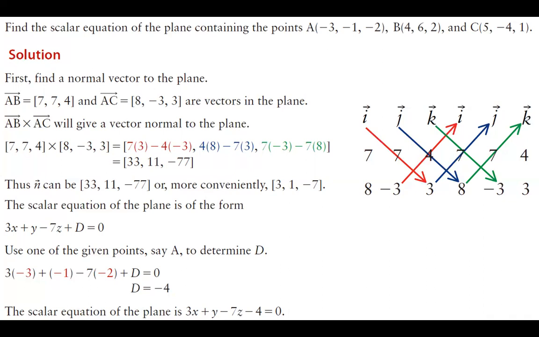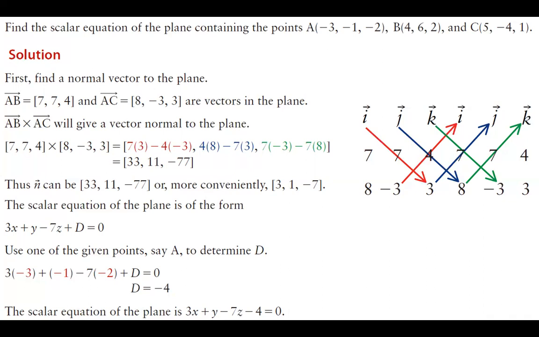Thus, the normal vector to this plane can be (33, 11, -77). Of course, more conveniently, you can use (3, 1, -7), right? Because (33, 11, -77) can be expressed as 11 times (3, 1, -7), right?